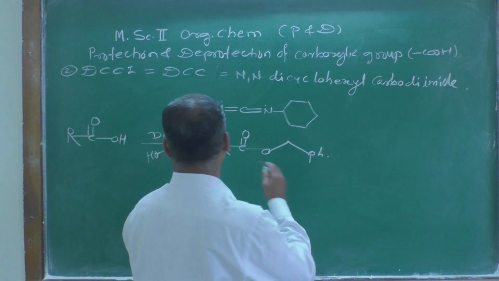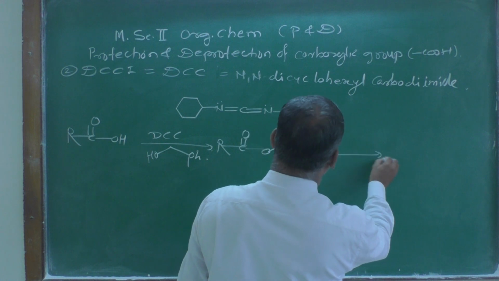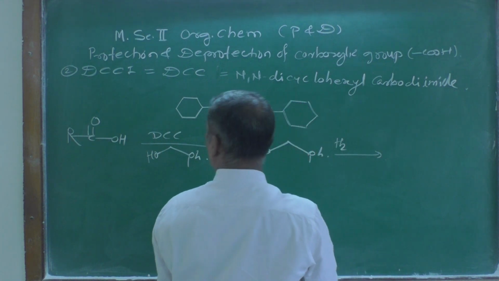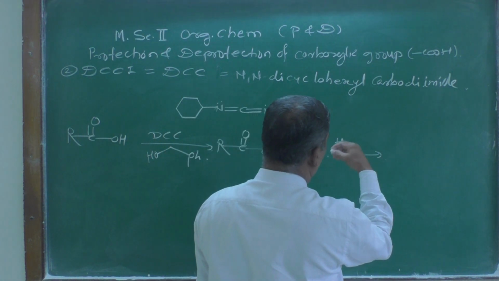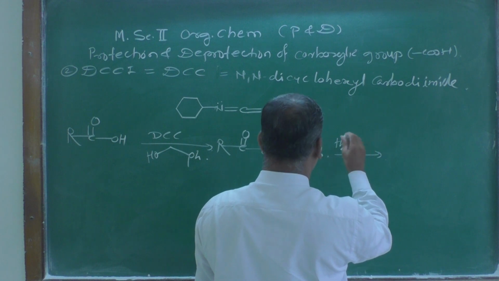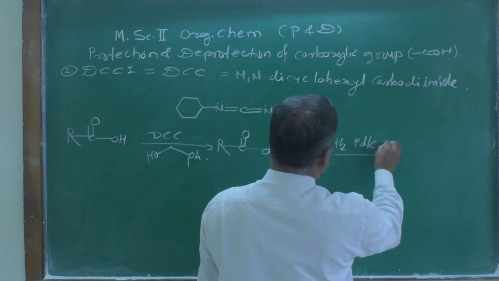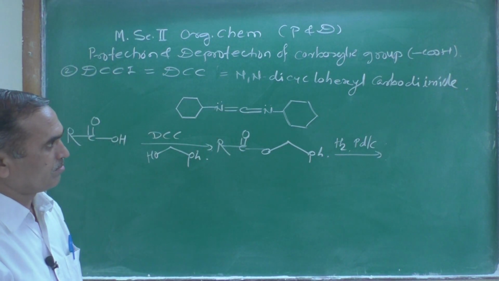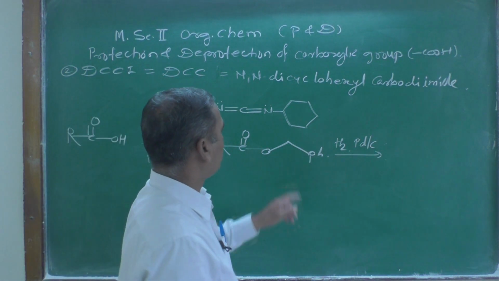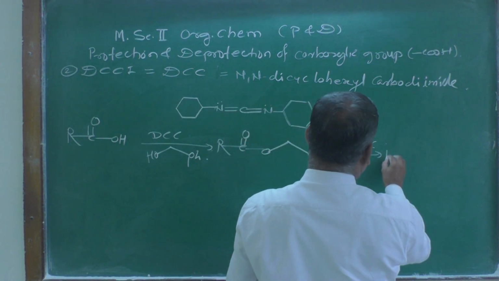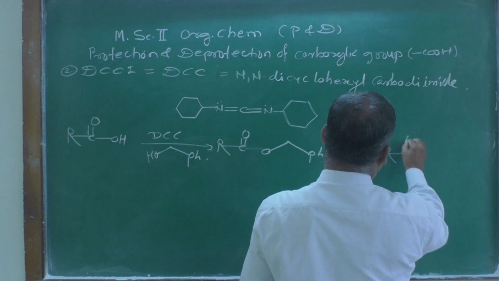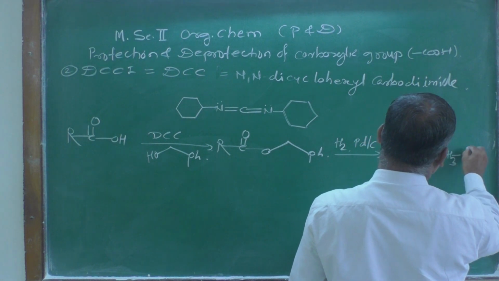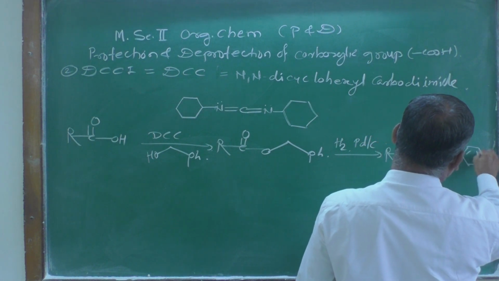And now for the deprotection, it can be removed during the hydrogenolysis process, that is hydrogen in presence of palladium on charcoal, and then you will get back the carboxylic group RC double bond OH, as well as the side product obtained, toluene.